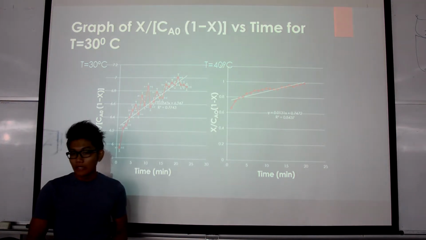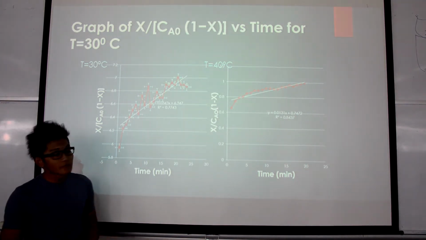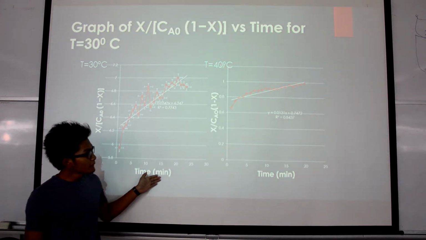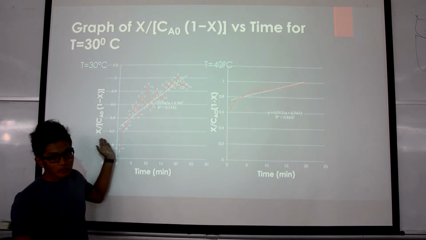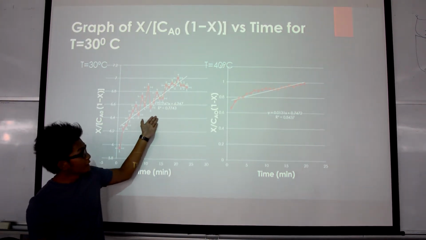Next, we can also construct a graph of x over CA0(1 minus x) versus time. Here, as time passes, the value of x over CA0(1 minus x) will also increase.